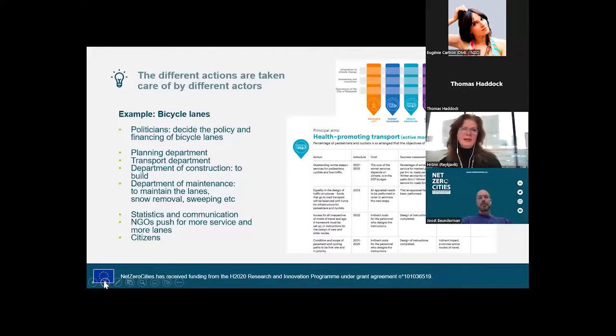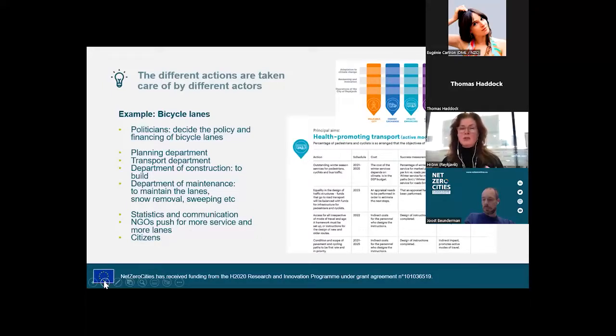But I also want to emphasize the different kinds of actors. I just took an example of bicycle lanes, because they have been a very huge part of reducing emissions within Reykjavik City, and also of changing travel modes, by building separate bicycle lanes. And of course, the role of politicians is to decide the policy on this and the financing of the bicycle lanes.